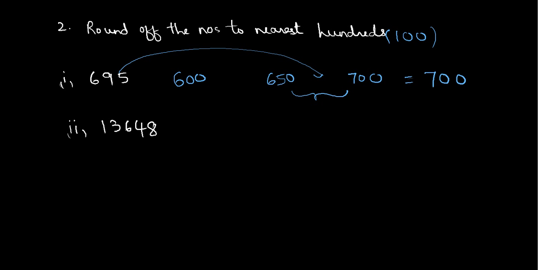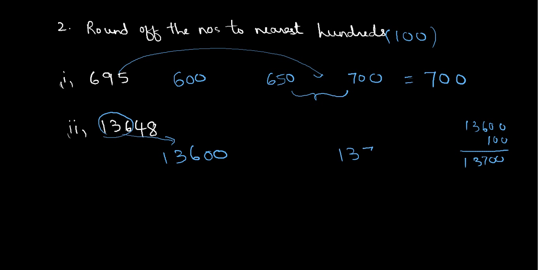So write 2 zeros and the remaining numbers you can copy. 136. Now add 100 to 13,600. It becomes 13,700.